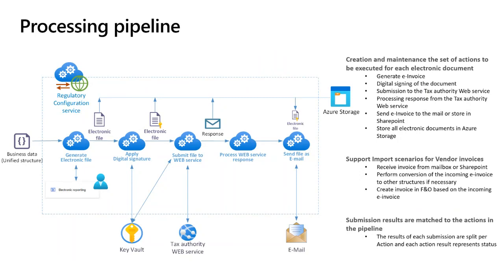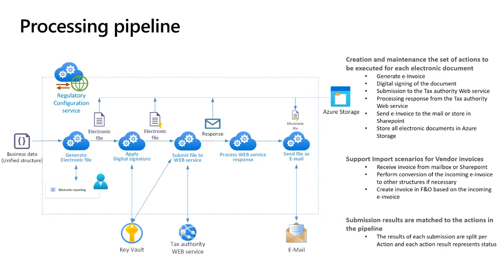This is the part related to particular electronic files, but on the next slide you can see that the second main component in the electronic document interchange process is the steps that are performed with the generated file. As an example, there can be several steps. We call these steps actions, and all the actions are combined into a so-called processing pipeline.